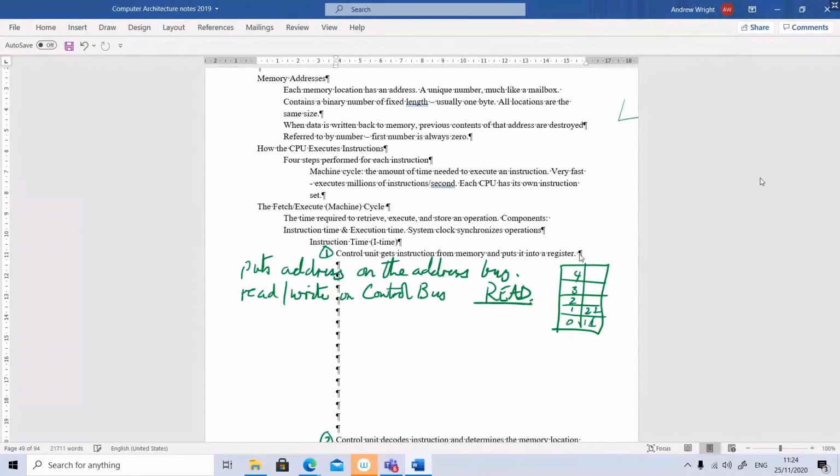When it's moving data from the memory to the CPU, it reads. And when it's moving data from the CPU to the memory, it writes. In fact, a lot of these instructions at this level are move instructions, moving data from memory to the CPU, moving them around the registers, and then moving them back again.